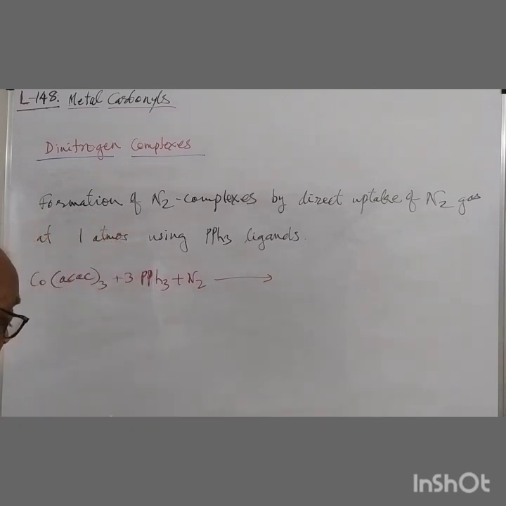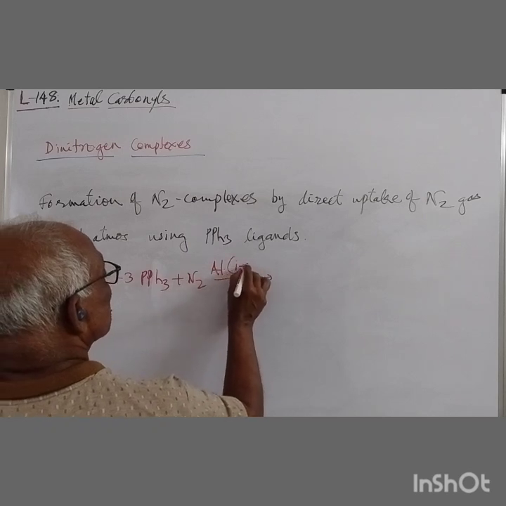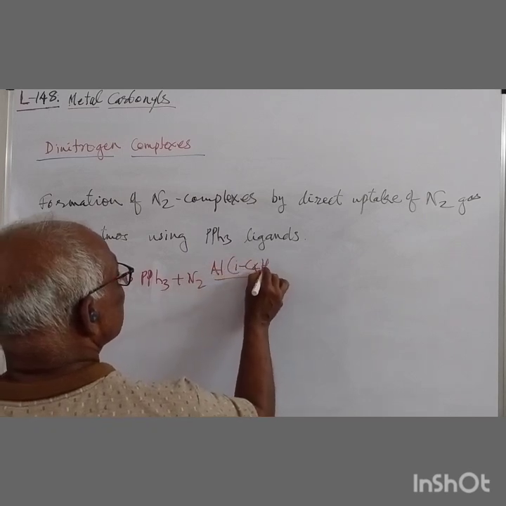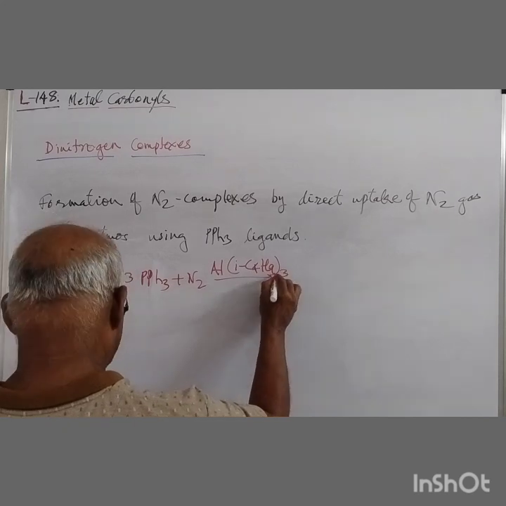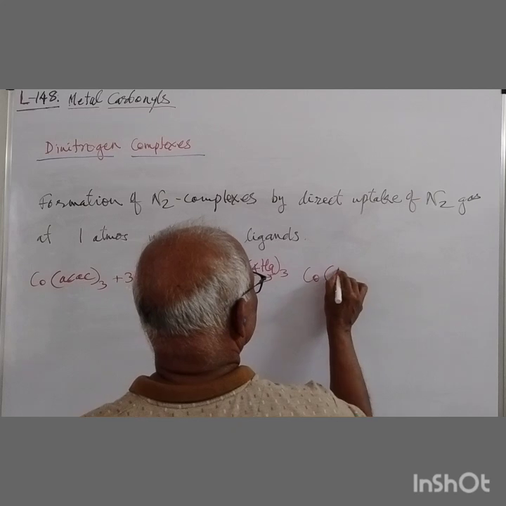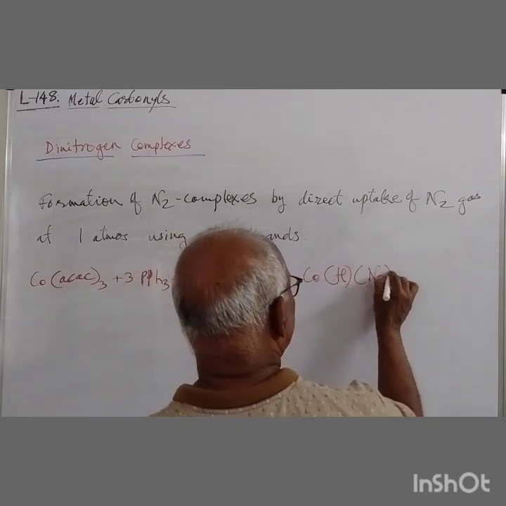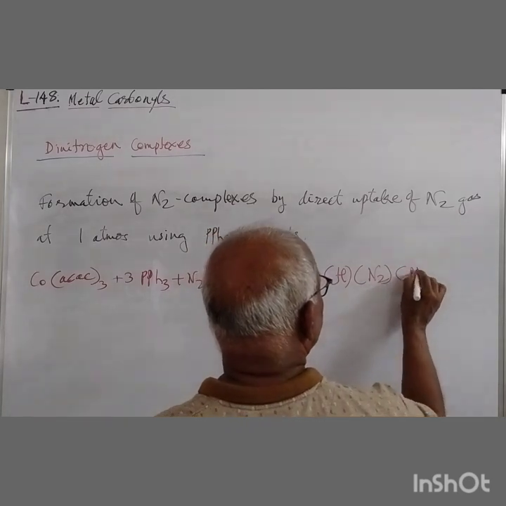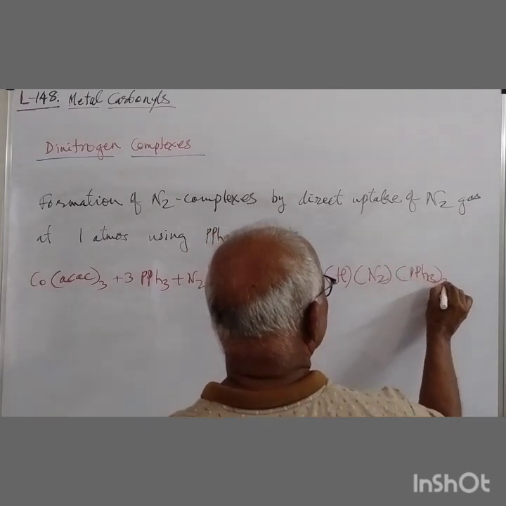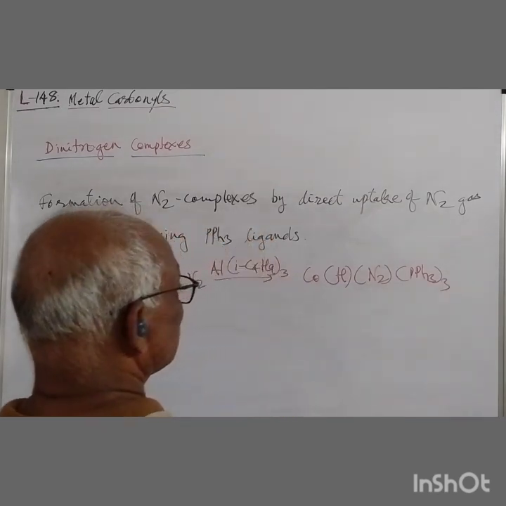Here the reducing agent is aluminium triisobutyl, Al(C4H9)3. So it gives the complex Co(N2)(PPh3)3.